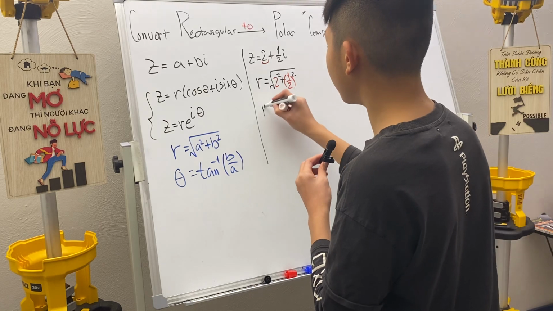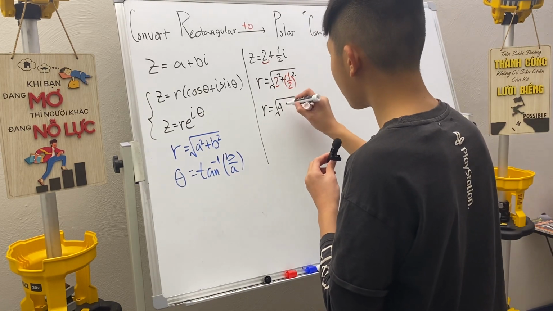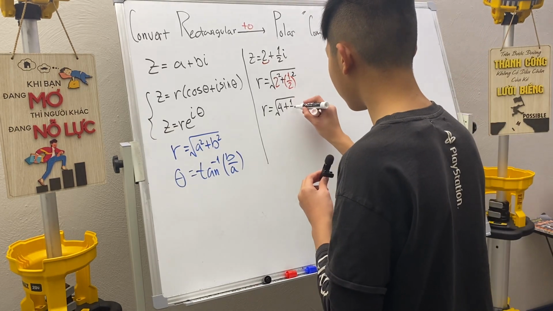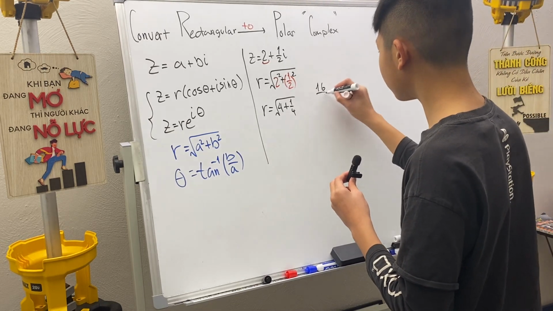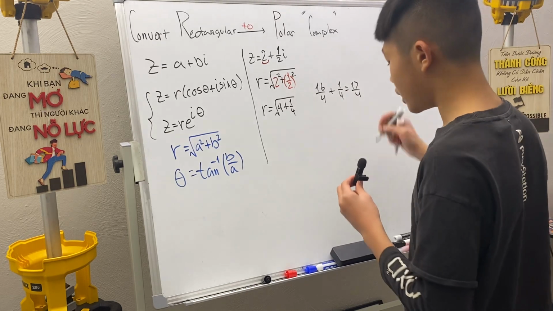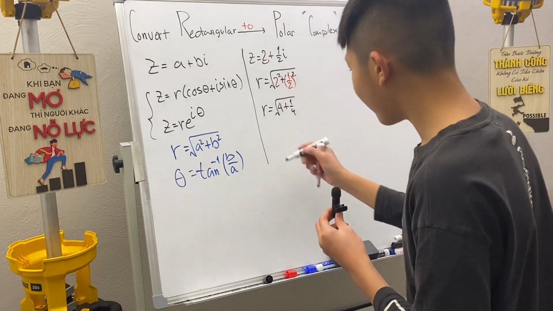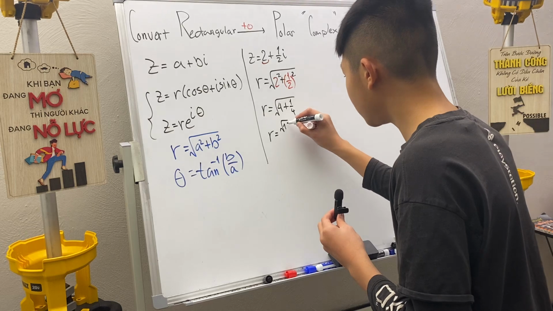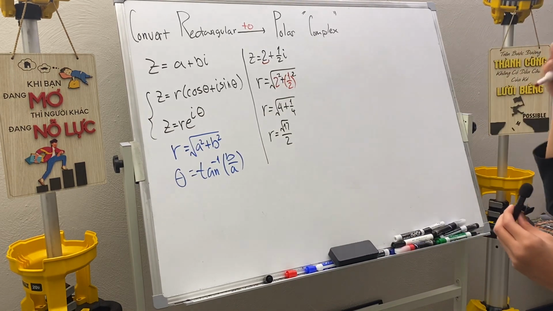So r equals the square root of 2 squared, which is 4, plus 1 half squared, which is 1 over 4. Let me do the math real quick: it's 17 over 4. So the radius is square root of 17 over 2, or 1 half times the square root of 17.